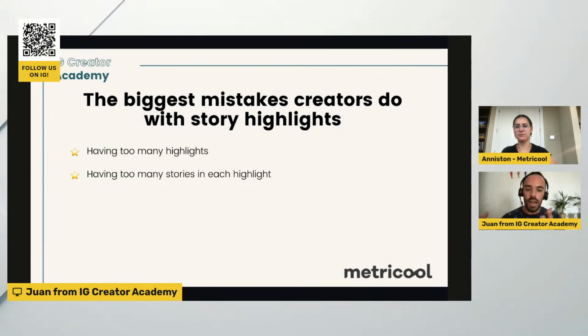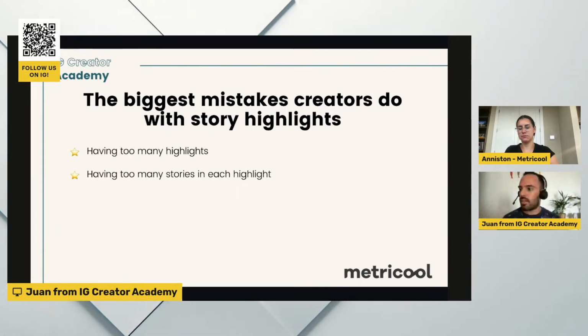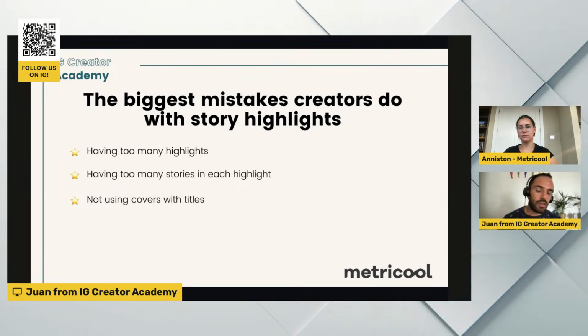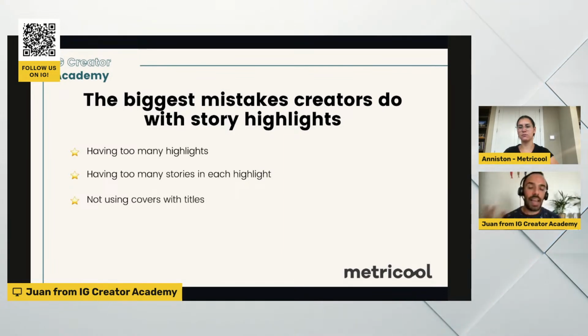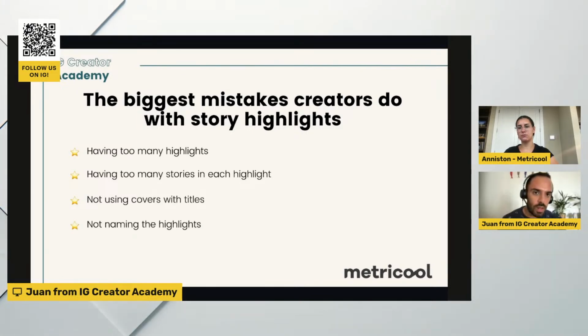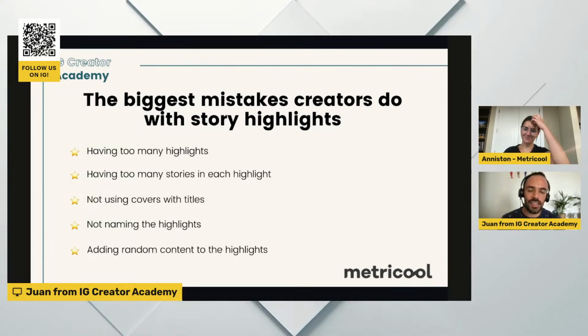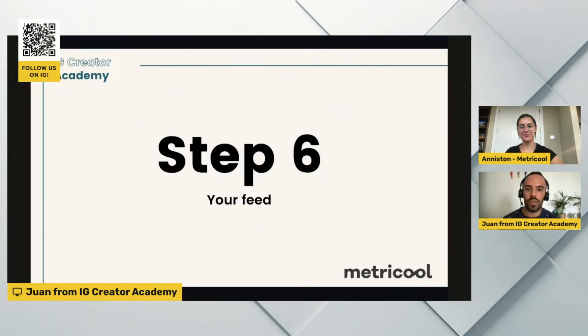Make sure that you add the highlights that will help you either connect with your audience, grow your business, get more leads, etc. Not using covers with titles: add covers to your highlights and add a title there as well, or at least add a graphic or image and name your highlights as well. And don't add random content to highlights. As I said, be very strategic with how you use them.